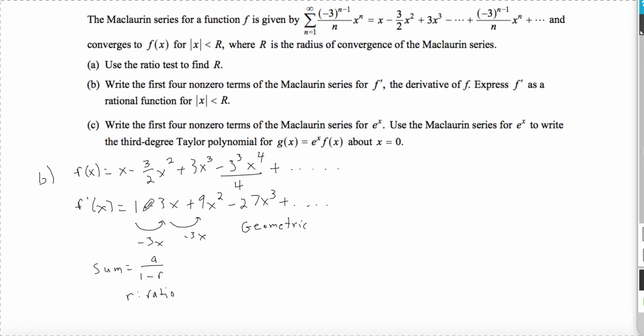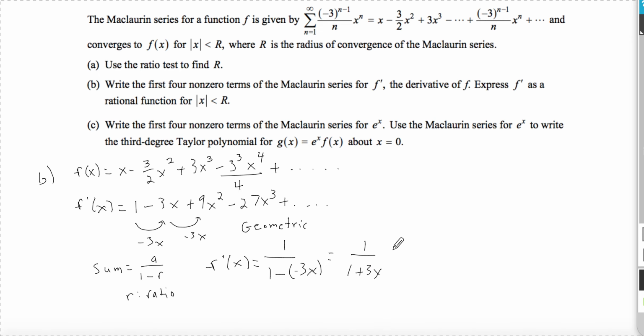This means the sum of all this stuff, f prime of x, is going to be equal to a, my first term, which is just 1, over 1 minus r, whatever I'm multiplying by each time to step up my terms, which is negative 3x. Which I can simplify and say, hey, that means f prime is equal to 1 over 1 plus 3x, because minus 3x was my ratio I'm multiplying by each time.